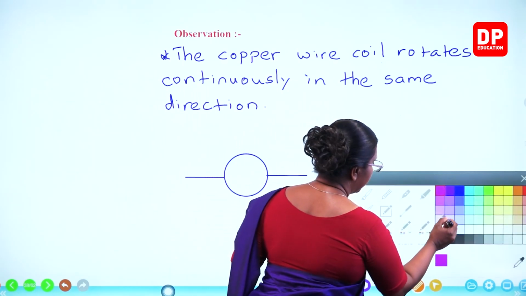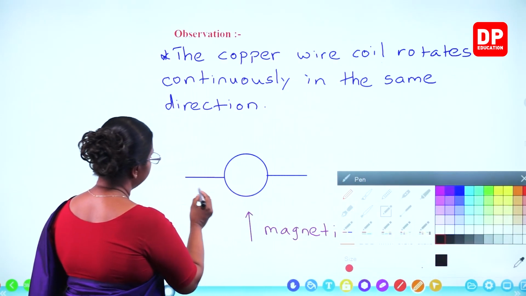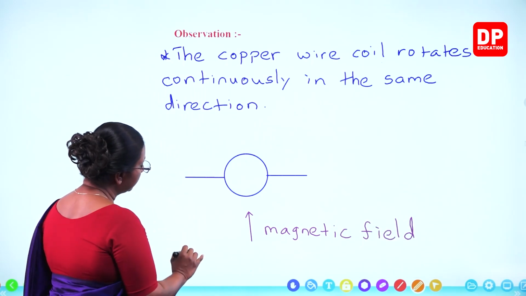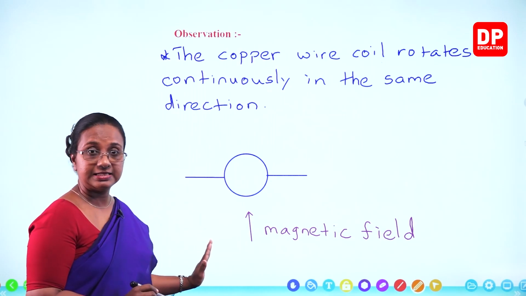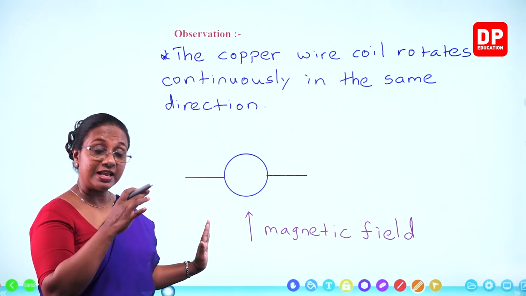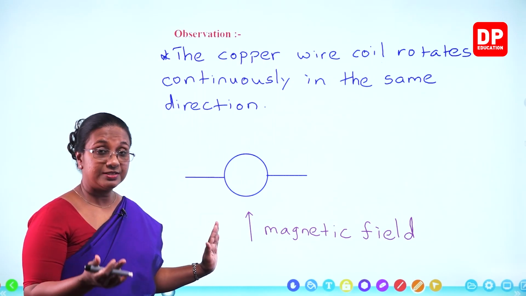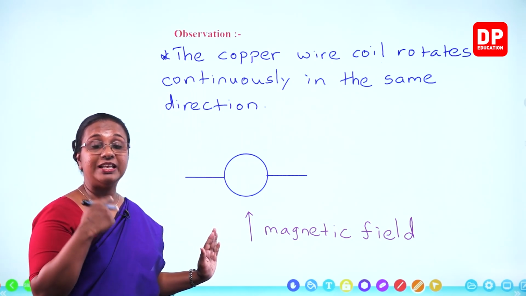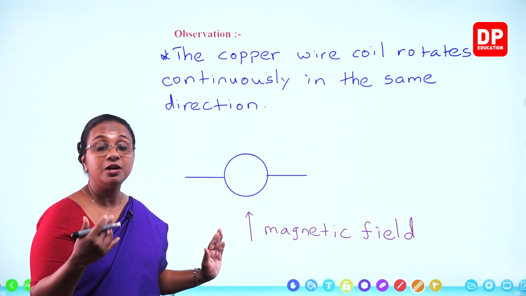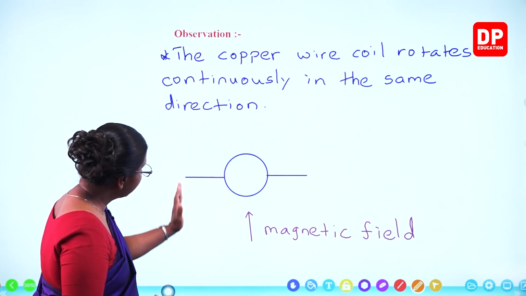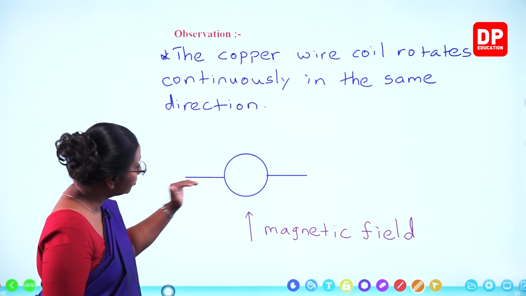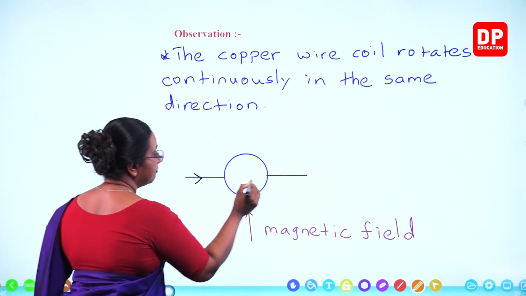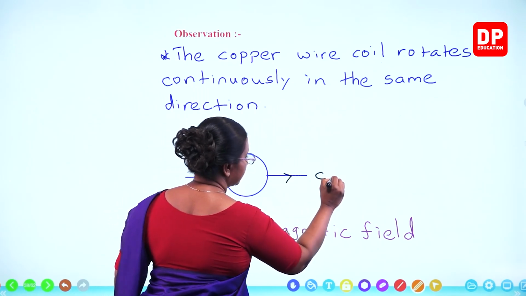Then for the current flow, let's say we connected the positive terminal of the battery to this pin on this side, the safety pin. Like I told you all, when I did the activity, I used the safety pin, since it's easier to put the coil through it, and it provides more space for the coil to rotate. So let's say the current flows into the coil in this particular direction.